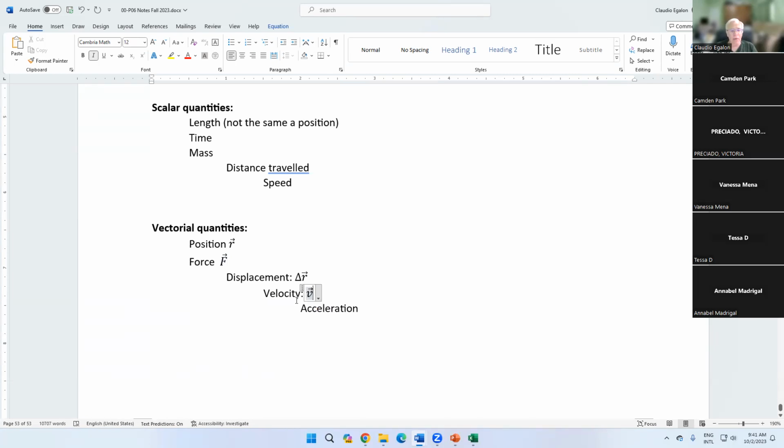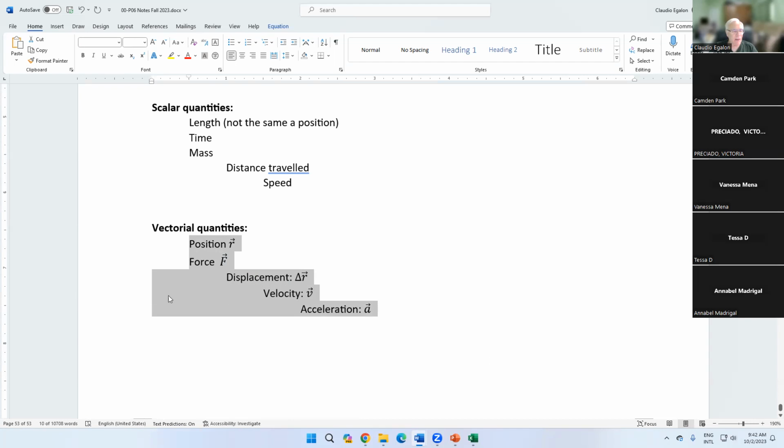And let's not forget, there is average velocity and instantaneous velocity. I'm just simplifying that right now, but when we get into that, I will go through it. We already have 5 different vectorial quantities.